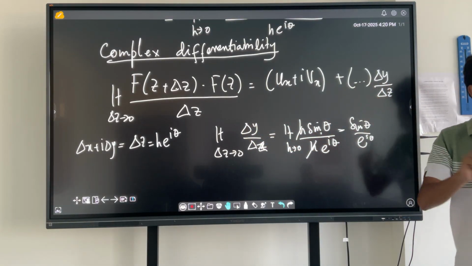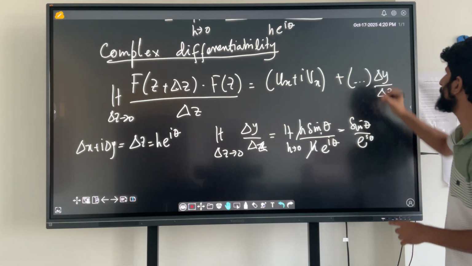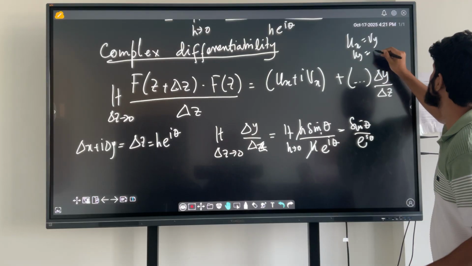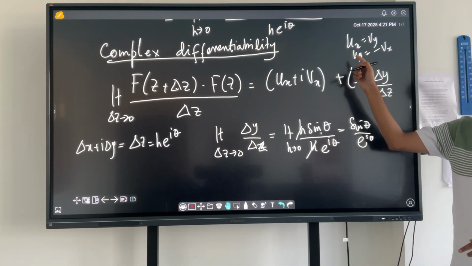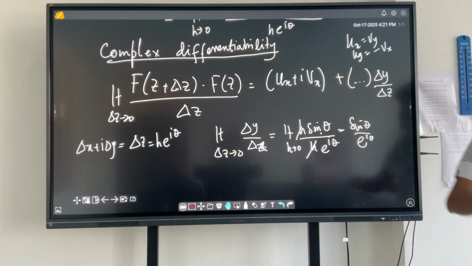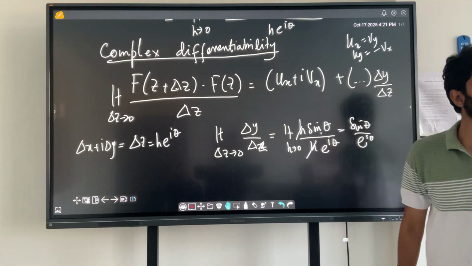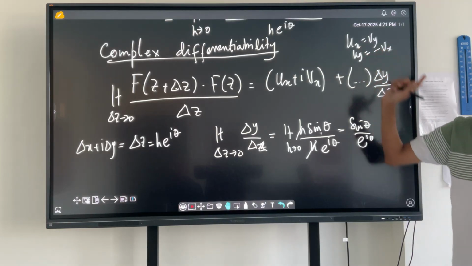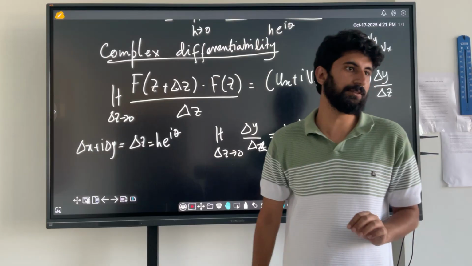Cauchy-Riemann conditions, if you remember: u_x equals v_y, u_y equals minus v_x. If these do not hold, then for sure you will have theta dependence because of this sin theta by e^{i theta}. If you want a possibility of complex differentiability, make sure this thing vanishes. You have CR. Remember, a possibility of complex differentiability.